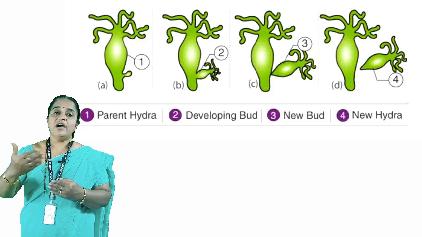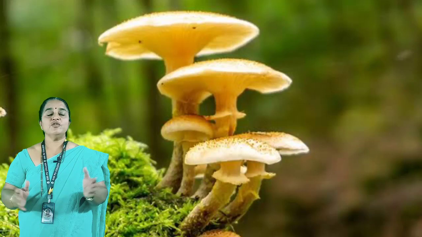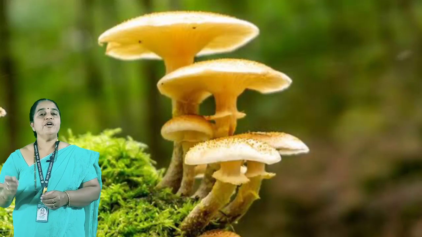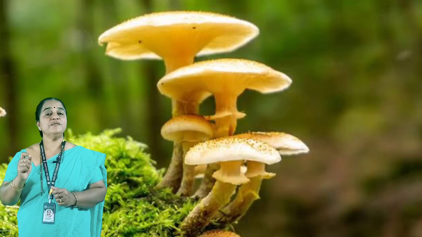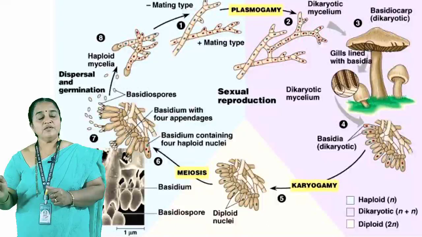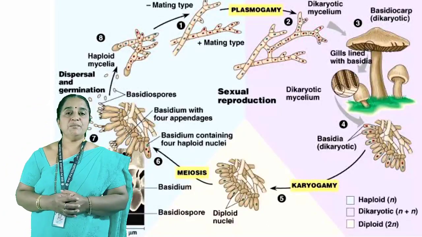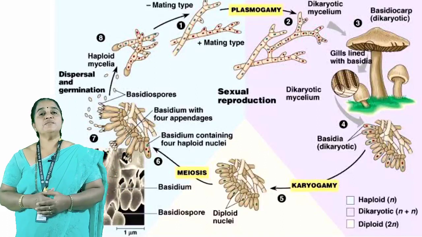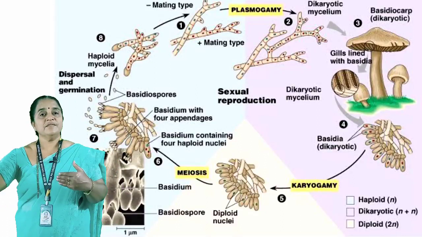As we move ahead, most of the fungi belong to kingdom Mycota, and to avoid competition, they produce special spores by either mitosis or meiosis. Mitotically produced spores are diploid, meiotically produced spores are haploid, and these spores can disperse.